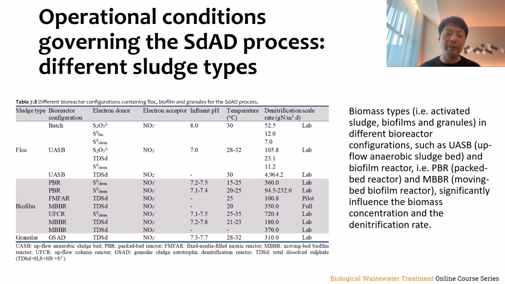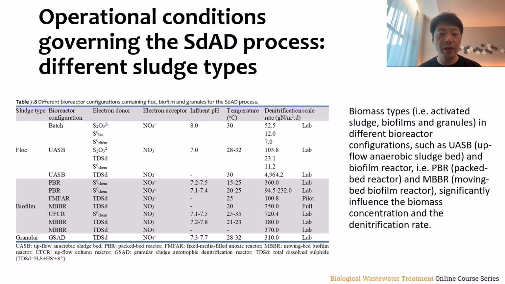So regarding the biomass, there are also different types of biomass growth systems, like activated sludge, biofilms, and granules, which have been achieved in different bioreactor configurations, such as upflow anaerobic sludge bed, biofilm reactor, packed bed biofilm reactor, and moving bed biofilm reactor, which significantly influence the biomass concentration and the reaction rate.